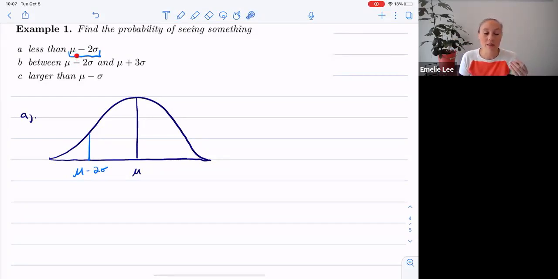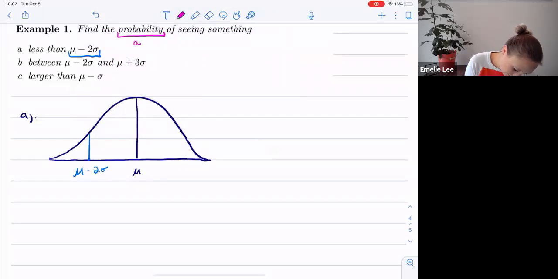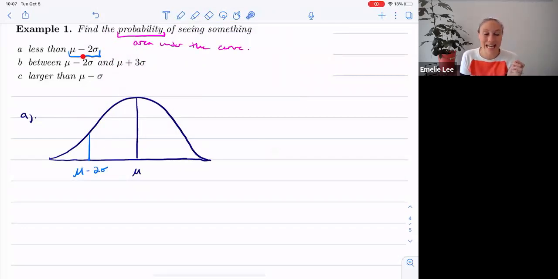But if I want to find the probability, remember the probability is the area under the curve that corresponds to being less than mu minus 2 sigma. The area that I want is this area that is less than mu minus 2 sigma. However you want to get there is fine.